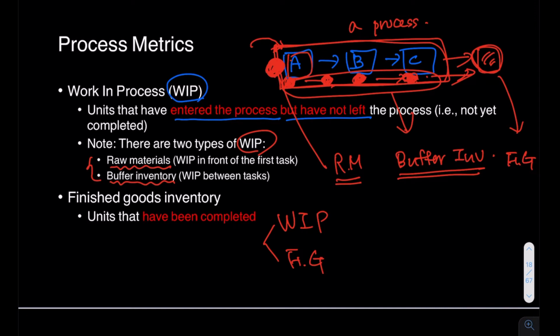The working process can be further specified into, yes, in front of the first task, materials called raw materials. And if materials are in the middle of the process, we name it buffer inventory. Okay, so we just defined the three types of materials in a process.